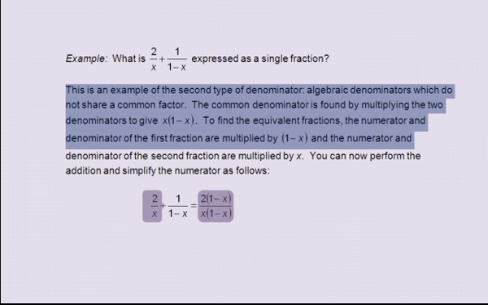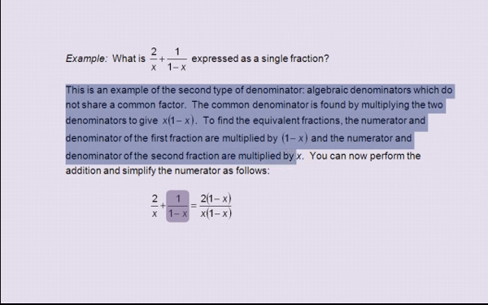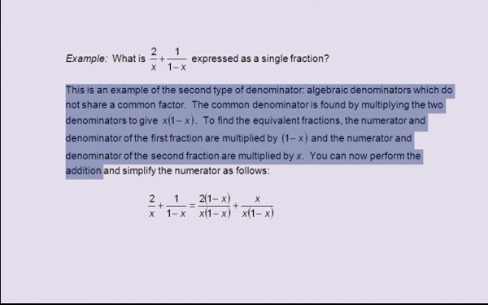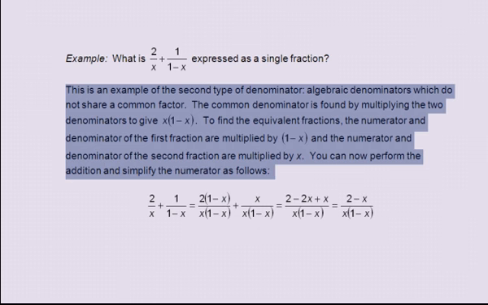The numerator and denominator of the second fraction, 1 divided by 1 minus x, are multiplied by x to give x divided by x multiplied by 1 minus x. You can now perform the addition to give 2 subtract 2x plus x all divided by x multiplied by 1 minus x, and simplify the numerator to give 2 minus x divided by x multiplied by 1 minus x.